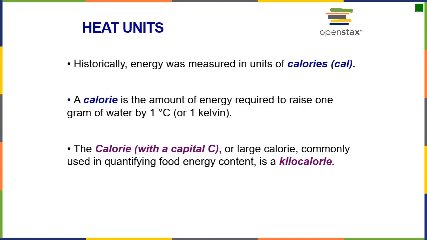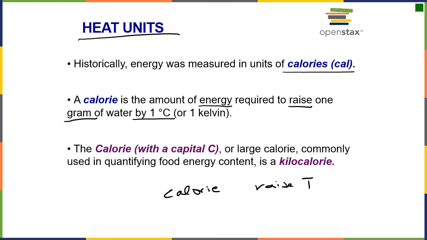Some traditional units of heat or energy. The traditional unit for heat was a calorie. A calorie, by definition, is the energy or heat required to raise the temperature of 1 gram of water by 1 degree Celsius. Now remember here that the temperature size of a degree Celsius is exactly the same as the temperature size of a Kelvin, so you could have either 1 degree Celsius or 1 Kelvin.